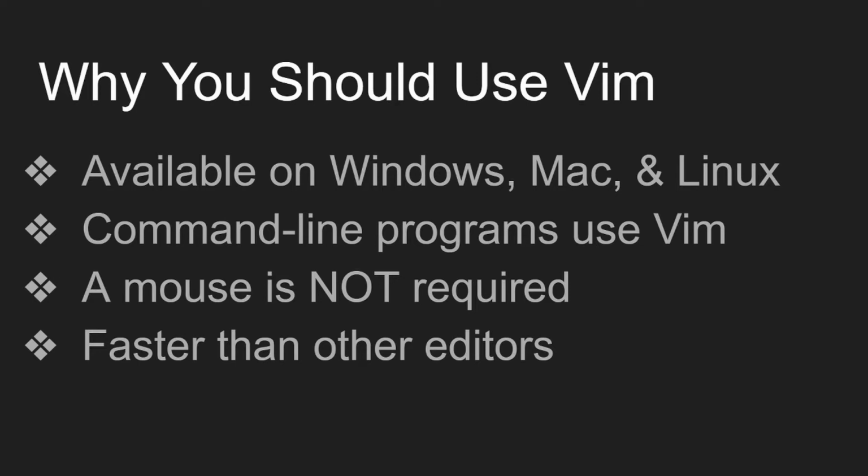Another good reason to use Vim is that it doesn't require a mouse to navigate open files, which allows users to keep their fingers on the keyboard and quickly jump to the lines that they need to edit. In fact, Vim can execute very complex edits very quickly compared to other editors.